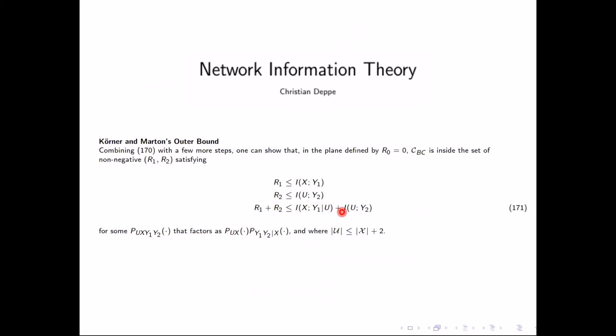It's the same step as in Gelfand-Pinsker. Also, these two estimations are done in the same way as we did for Gelfand-Pinsker.